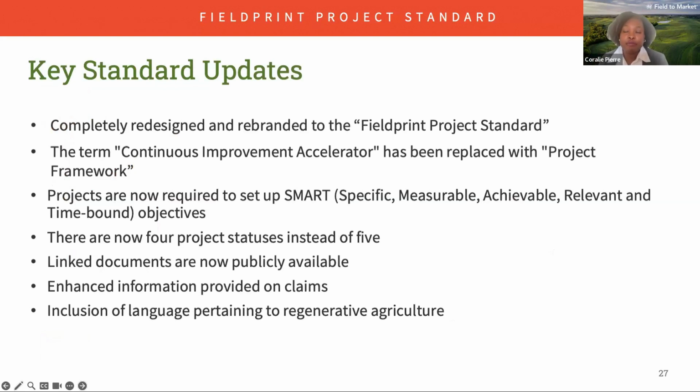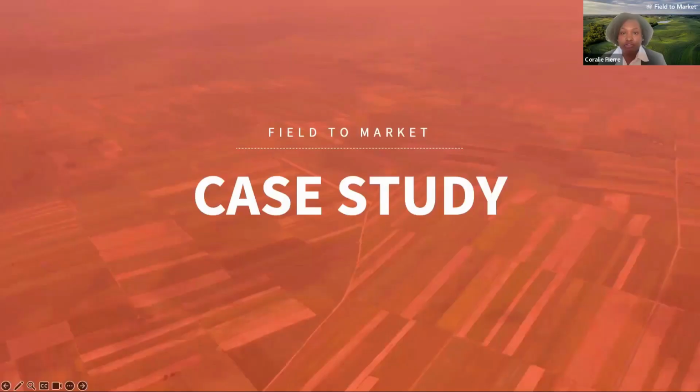The Continuous Improvement Accelerator terminology has been replaced with Project Framework. The standard now requires SMART objective for project, reduction of project status from 5 to 4, public availability of linked document in the standard for transparency, additional information on claim, and inclusion of language related to regenerative agriculture.